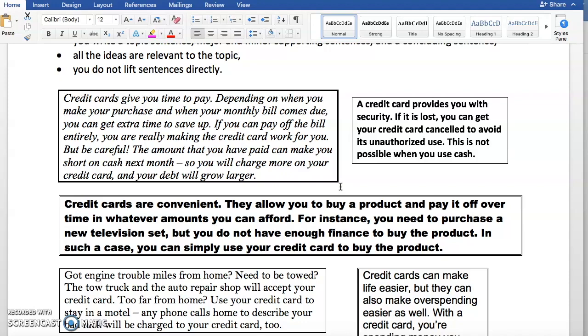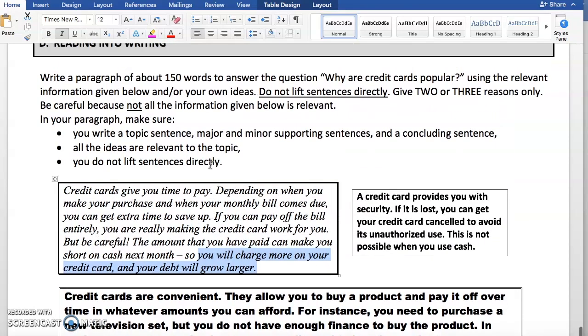You cannot copy and paste the sentences from the readings as they are. You need to paraphrase them. This is the first important thing. You need to paraphrase. You cannot copy and paste a sentence from a reading into your writing directly. What is the second important thing? As it is stated here, you have to use the relevant information.